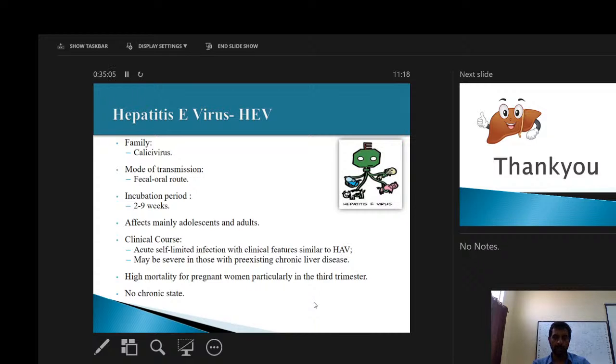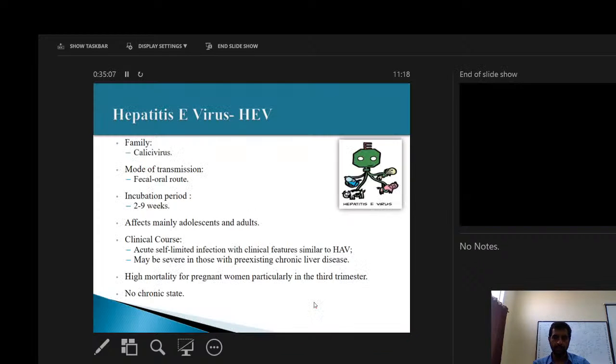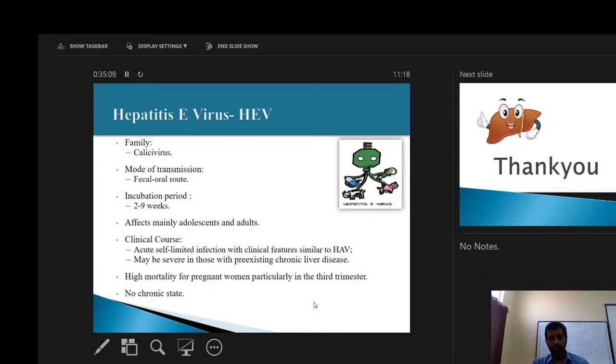There is no chronicity in this hepatitis E virus. So what are the viruses that don't have chronicity? One is hepatitis A, one is hepatitis E. These are self-limited, fecal-oral route transmission, self-limited viruses. Hepatitis B and C can progress to chronic hepatitis and cirrhosis and hepatocellular carcinoma also. So whichever go chronic will cause you cirrhosis and carcinoma, whereas hepatitis A and E cannot cause you cirrhosis and hepatocellular carcinoma.